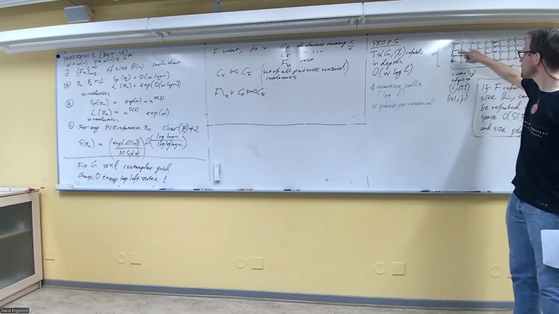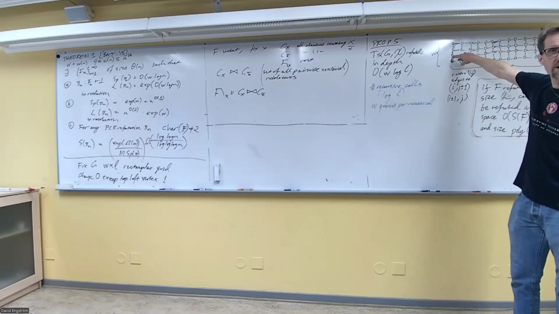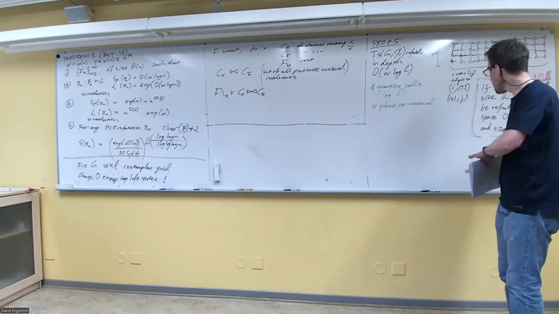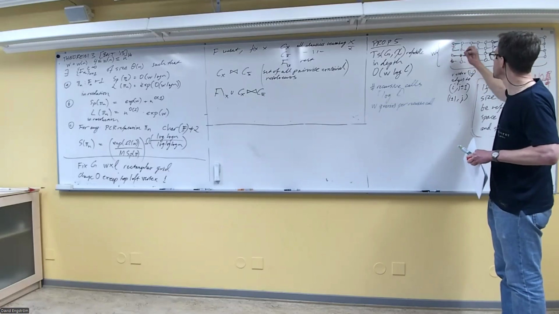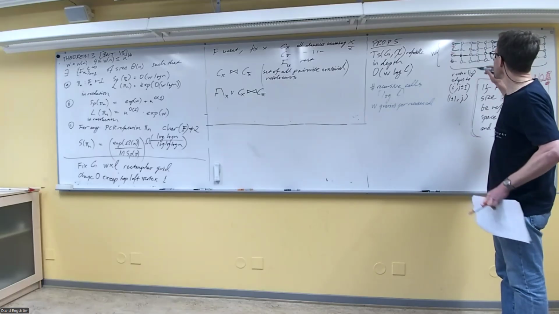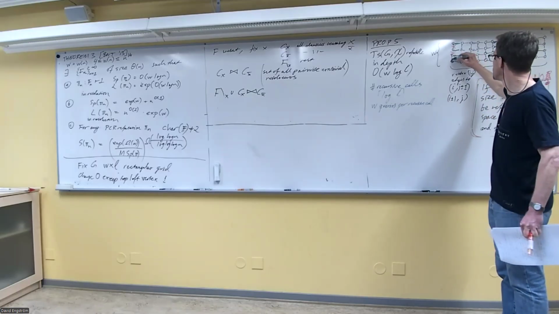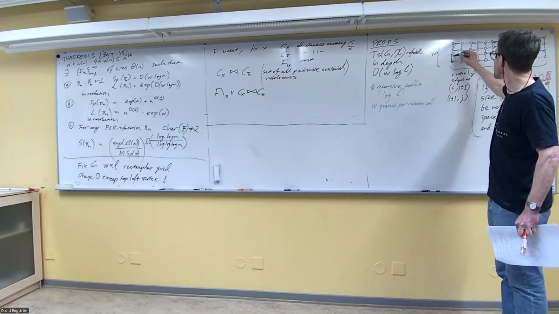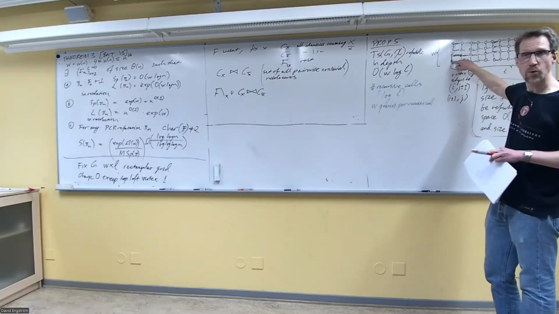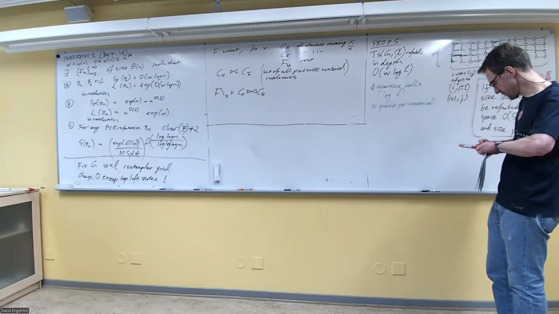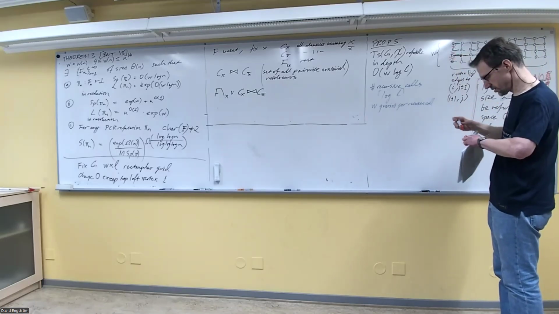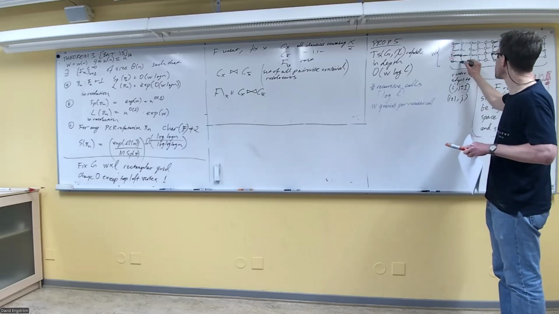Next, I download all the clauses that encode the constraint over here. And now I eliminate this edge, and I get a bunch of clauses that mention these variables. Next, I download all the clauses for this constraint, and now I resolve over this edge. And then I pick up this.